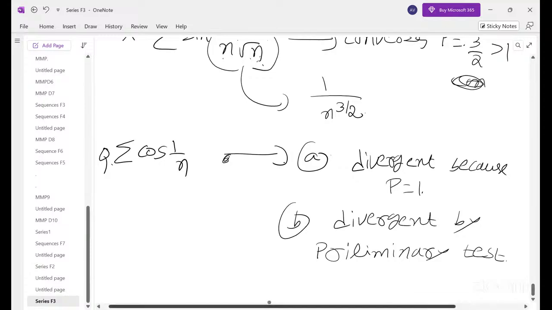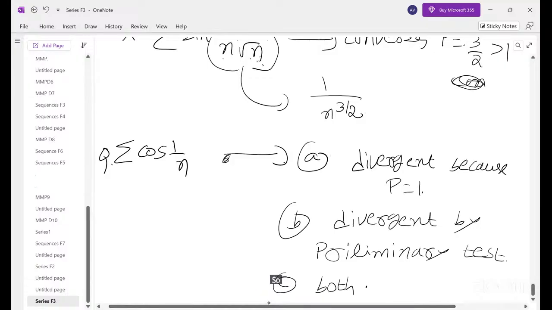Tell me which is correct. Both are only preliminary.